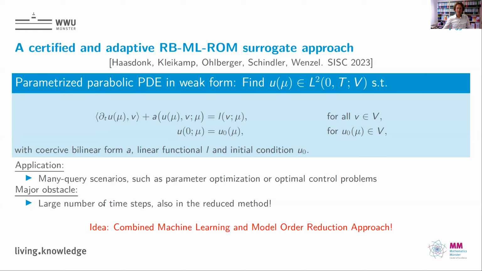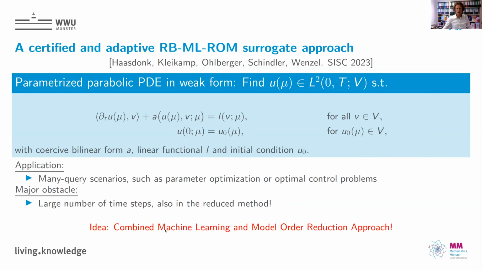So the obstacle is that I reduce with the reduced order models, I reduce the system in space, but due to stability reasons, I need to do a time integration of the reduced model with the same number of time steps as the original model. And if you have something like 10,000 or 100,000 time steps to solve, this is really an obstacle, because you want to reduce this large amount of time steps as well.